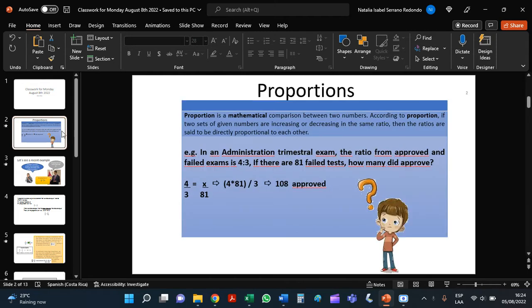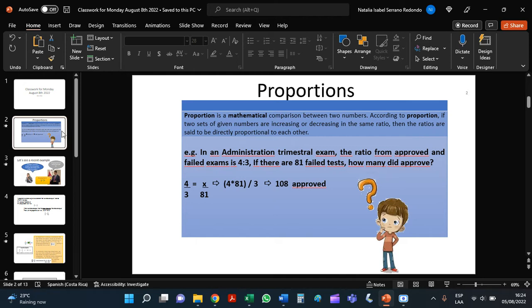Okay. As we were seeing in the last class, the purpose of proportions is to create the mathematics necessary to understand what to do when you are lacking information. A proportion is a mathematical comparison between two numbers.